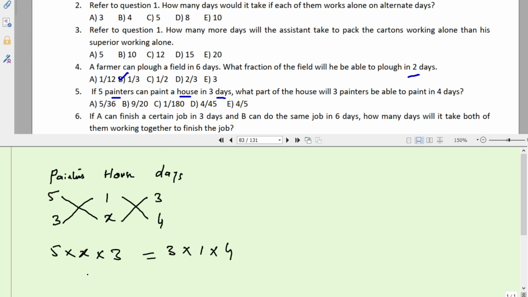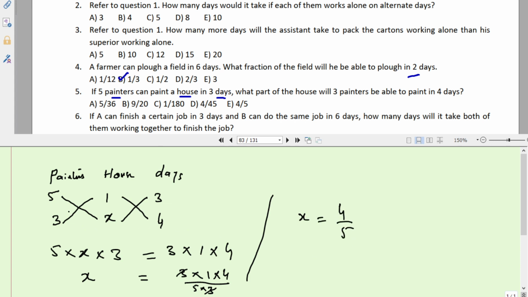So you can divide both sides by 5 and 3. So this will be 3 times 1 times 4 divided by 5 times 3. Now you can cancel these two out and you have x is equal to 4 over 5.